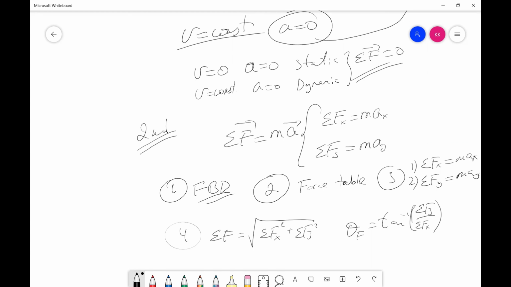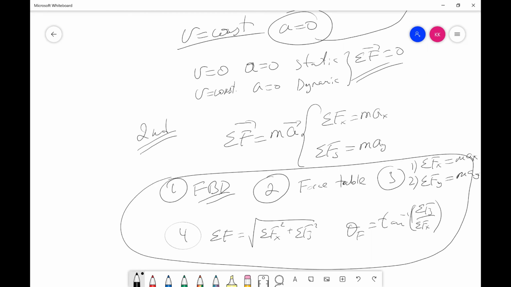But this 4-step approach can help you a lot by minimizing all the types of errors. That means looking at all the forces separately, putting them in a free body diagram, labeling them, giving the direction, everything correct, then organizing them in a force table with all the signs correct, then using them to find the equations. Okay.